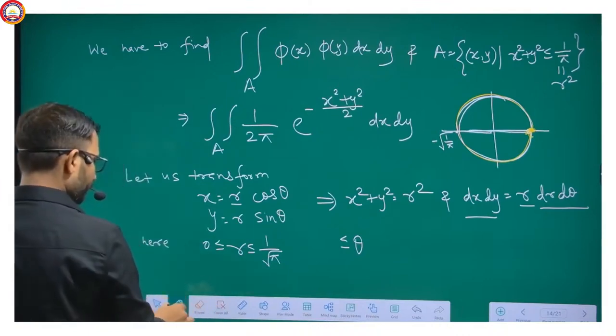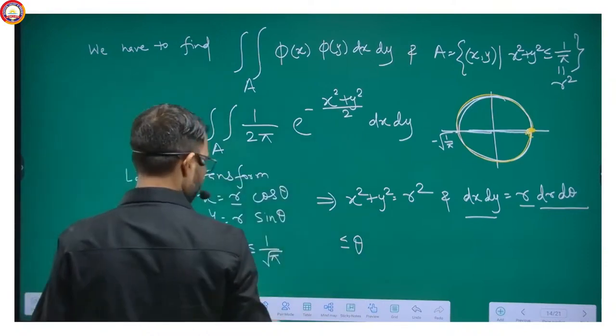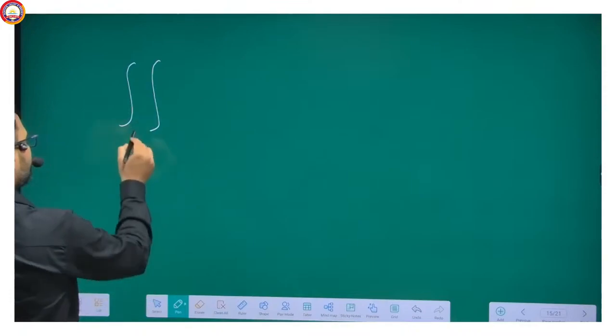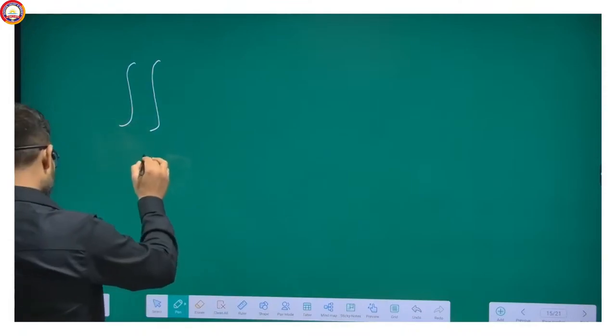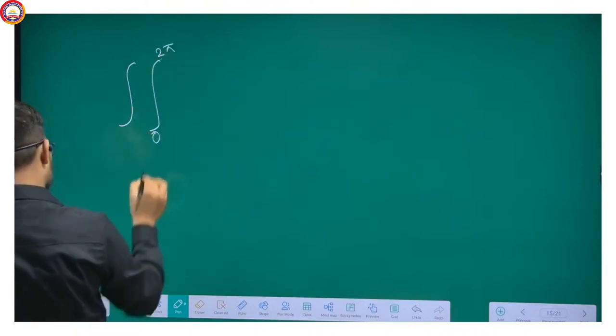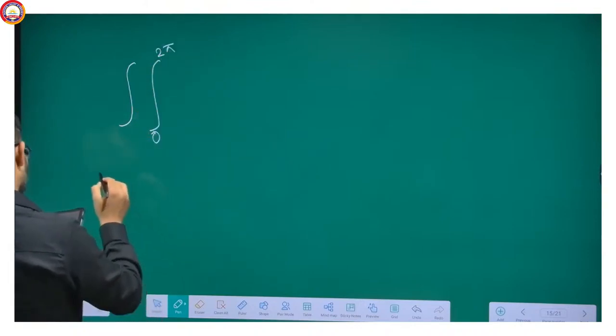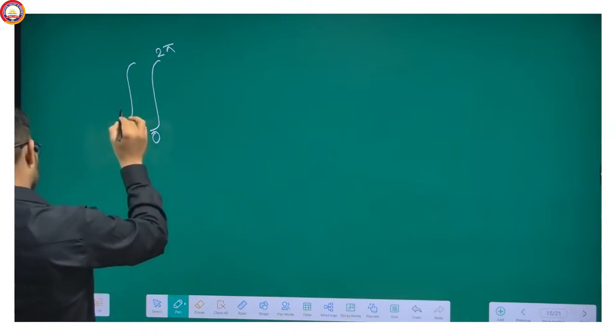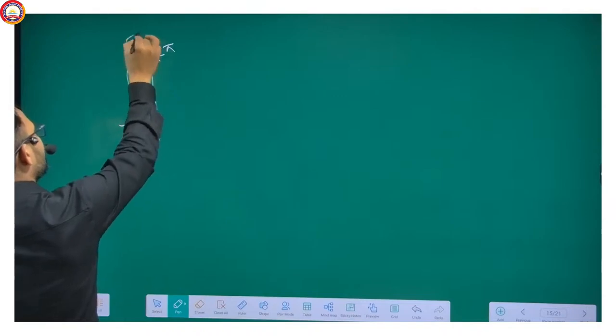Now the theta should be from 0 to 2 pi, and r is from 0 to root under 1 by pi.